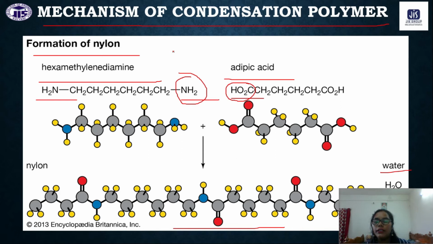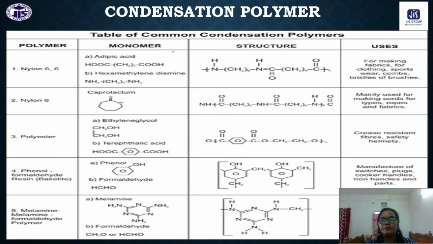Like if one moiety will have the carboxylic group, one moiety will have the amine group. So bifunctional moieties are attaching with each other and eliminating some water molecule, some alcohol molecule. So this is called the condensation polymer.